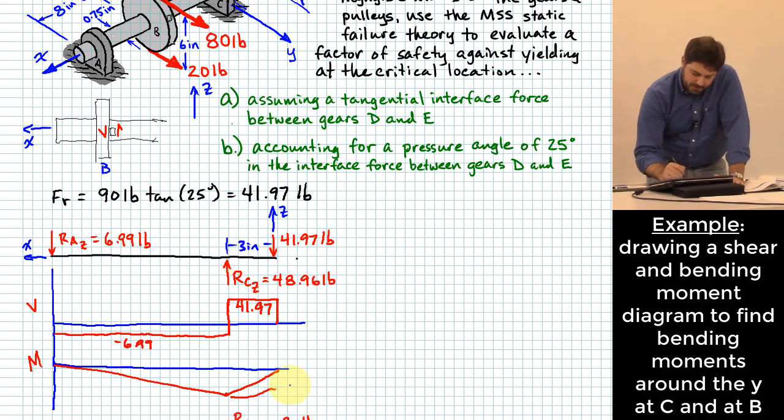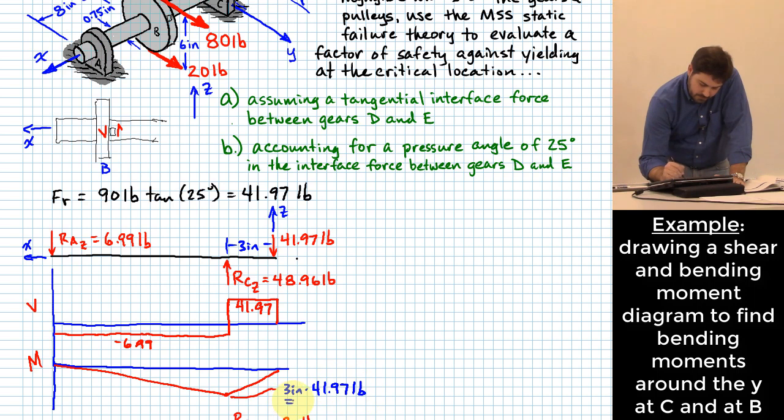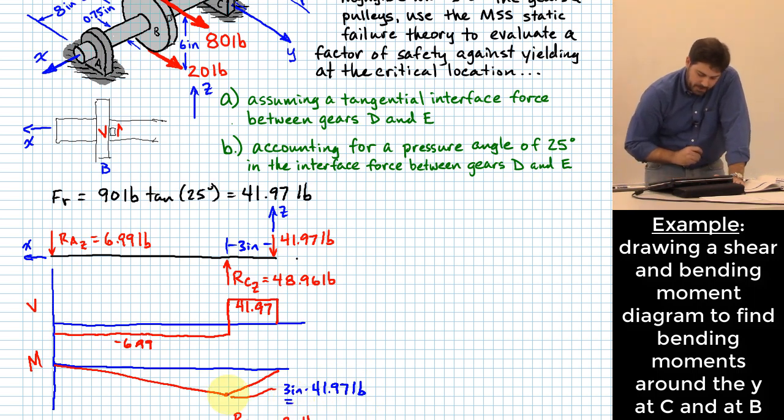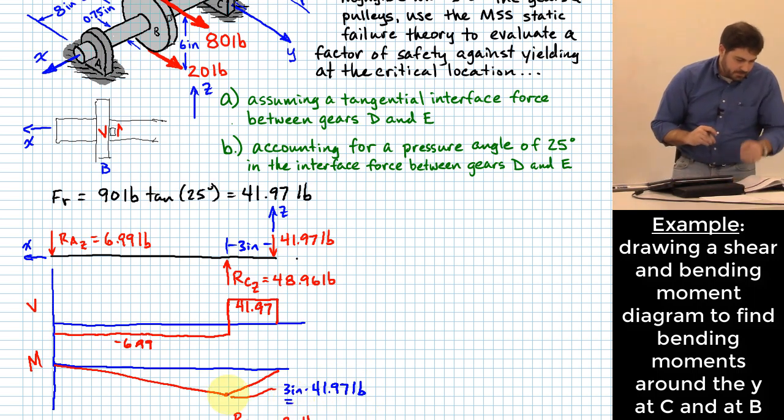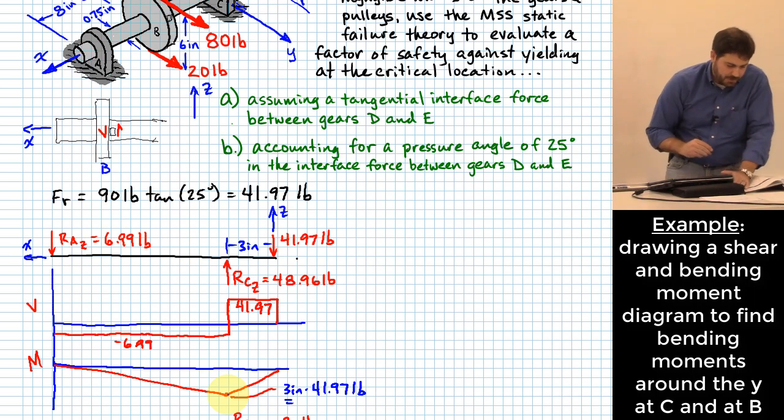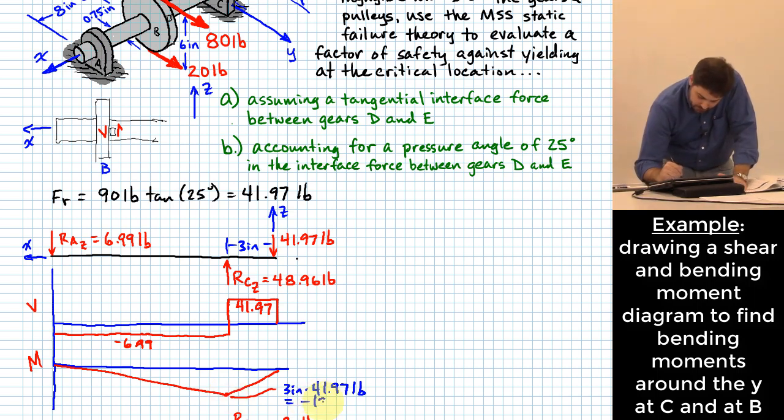So that value down there is just going to be equal to 3 inches times 41.97 pounds at that point down there, which ends up giving me negative 125.91 inch-pounds.